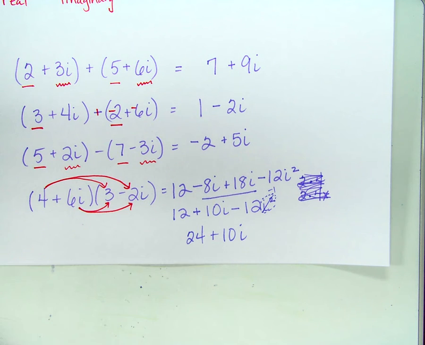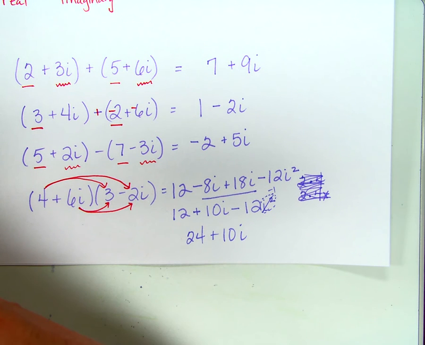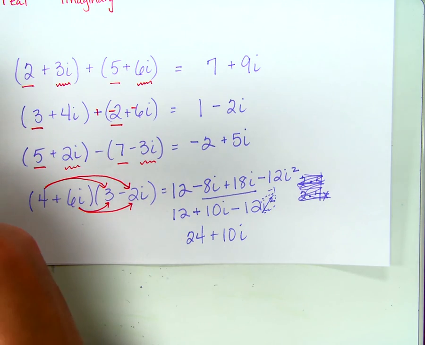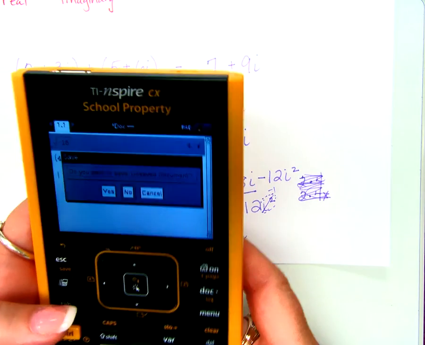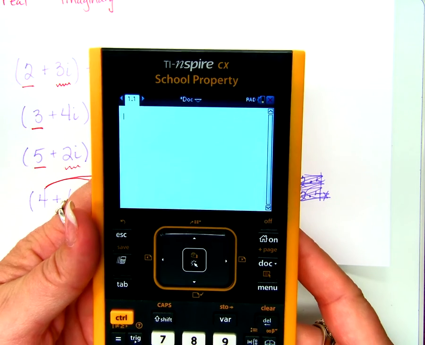Let me show you something else real quick. Actually, not real quick, because it's going to take me just a minute to get it ready for you. I want to make a new document. I want to save my old one for a calculator, right?